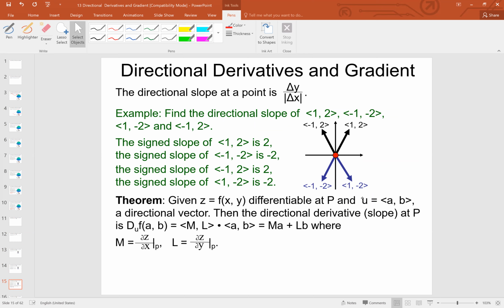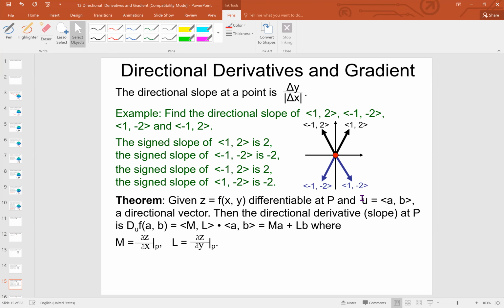We're going to calculate it, and if the calculation comes out positive, that means the direction you're going is going up, and if the directional derivative is negative, it means that on the surface you're going down.